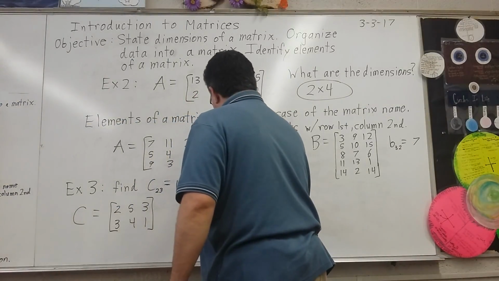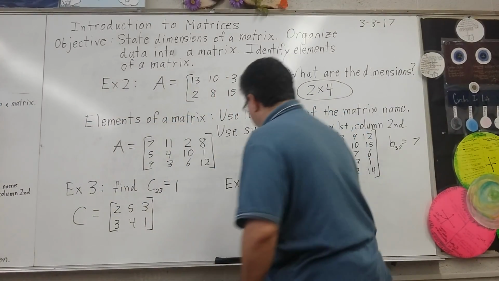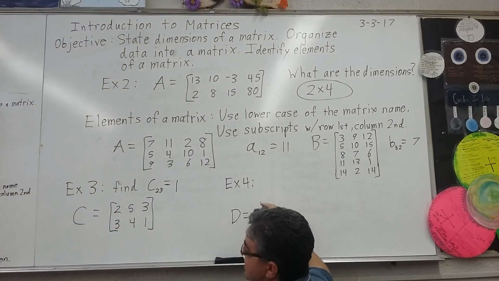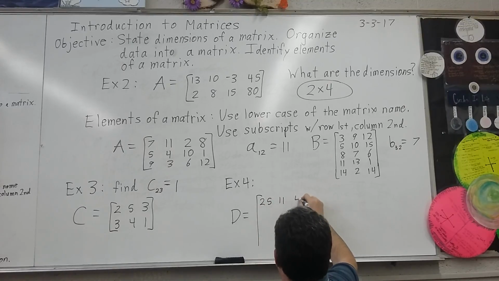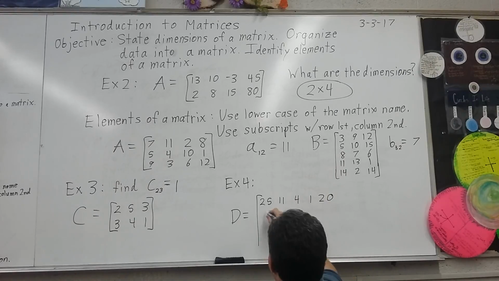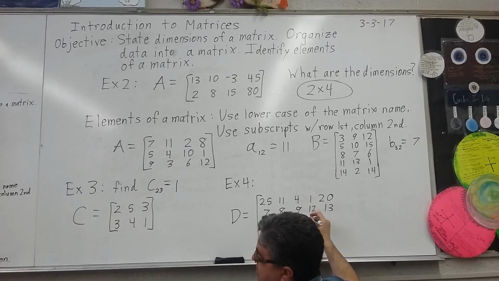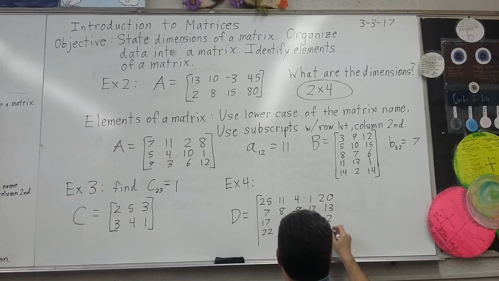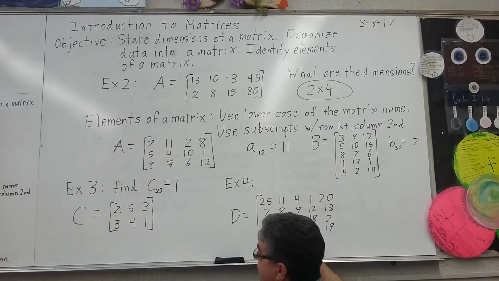And a final example, then we'll be done. Example 4, let me give you matrix D, which is a really big matrix. 25, 11, 4, 1, 20, 7, 8, 9, 12, 13, 17, 6, 15, 18, 2, 22, 16, 21, 24, 19, 5, 23, 3, 14, and 10.